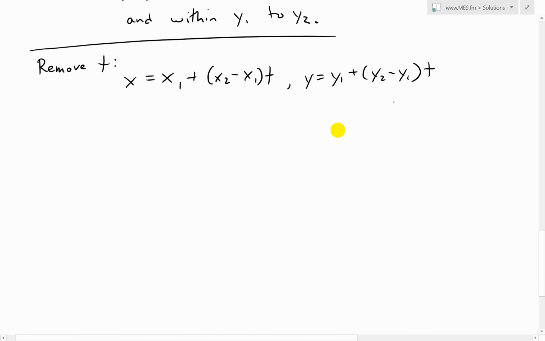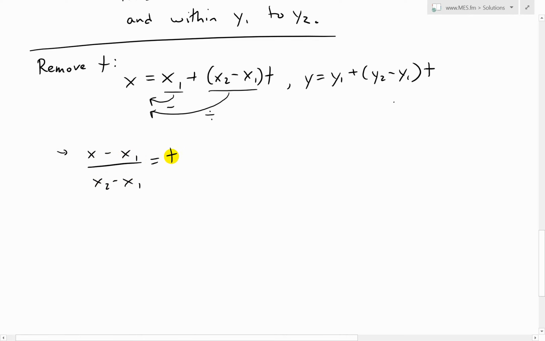And then we can remove the t. They're both the exact same kinds of equations, so we can first subtract this x1, and then divide that all together by this right here. So we can remove everything and get t, so we have x minus x1, divided by x2 minus x1, and this equals t.